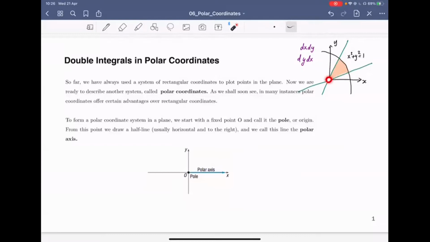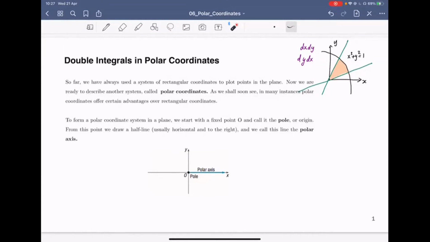If you do the cut starting from the origin and go to the back line, diagonally, I should say, it's just like that. This is the idea of polar coordinates. So we're going to construct a polar coordinate system and use it to set up double integration. All right, so let's do it.